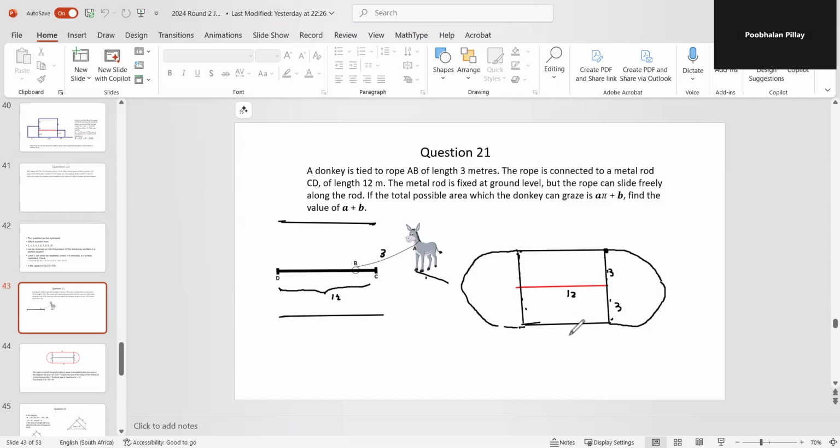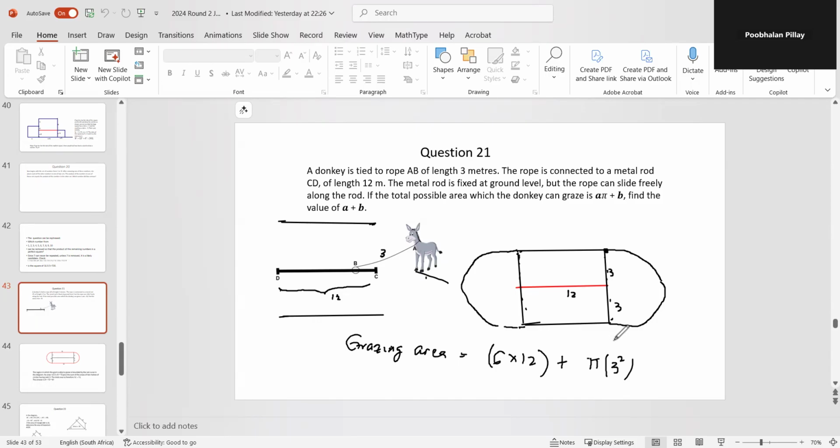So the grazing area equals the area of the rectangle, which is 6 times 12, plus half of pi times 3 squared, half here and another half, so 2 halves make a whole.